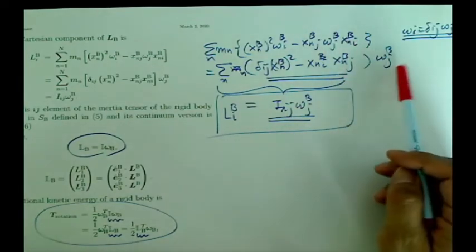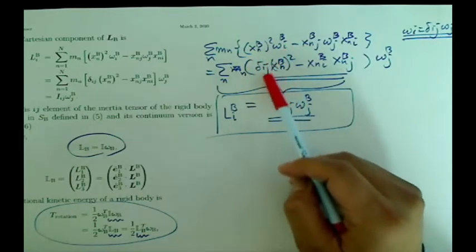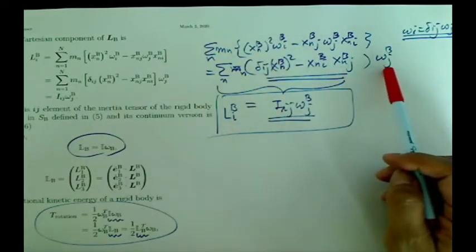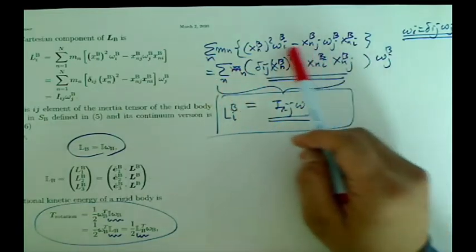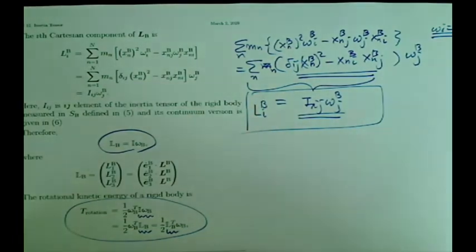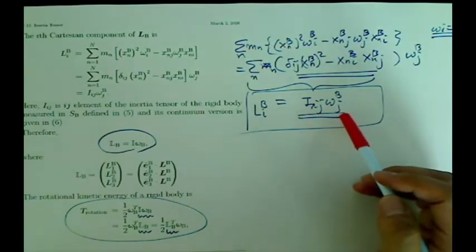This is omega j, but this is omega I. Therefore, we need to replace omega I with delta ij multiplied by omega j. That's fine. What is that? This is the inertia tensor. Therefore, the orbital angular momentum of the system relative to the central mass is the product of the inertia tensor multiplied by the angular velocity.